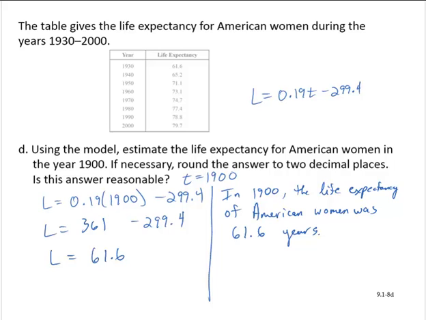Honestly, I don't think so. When we drew that line of best fit, we purposefully left off those 2 points towards the left. Look, in 1930, the life expectancy was 61.6, and we should expect the life expectancy to increase somewhat over time. So in 1900, I think it should have been less than 61.6. So I don't think this is reasonable.